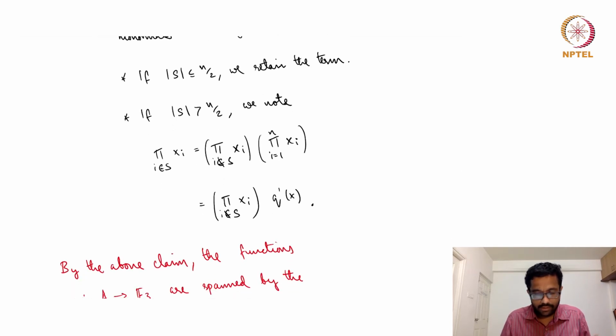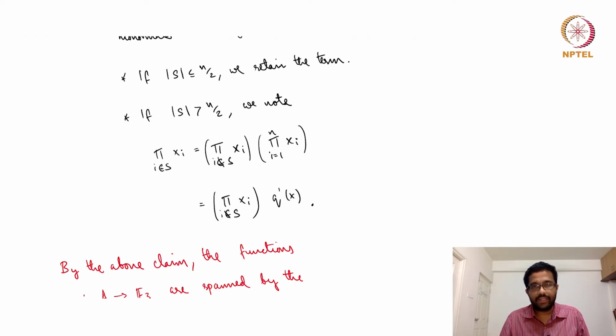So all that we need to notice is that if S is bigger than n by 2, you could write it as the product of all the xi multiplied by the product of xi that are not in S. Okay, so the product of all the xi, which is the second term here, multiplied by the product of xi that are not in S. Because the xi that are not in S appear twice, and xi squared, as I said already, is equal to 1.